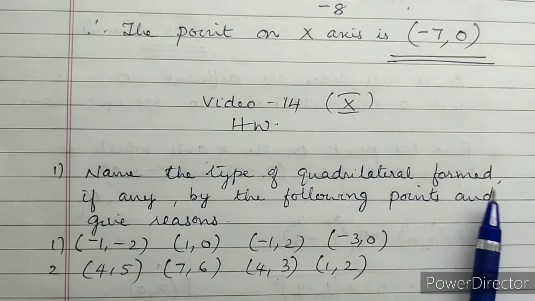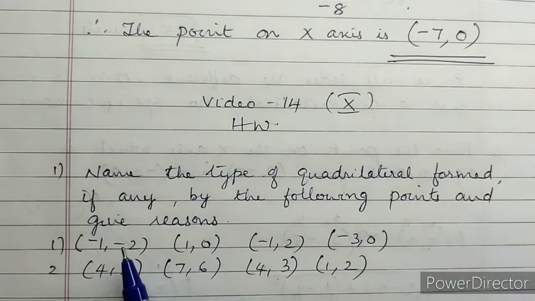Name the type of quadrilateral formed by the following points and give reasons. Four points are given. So you have to check how all 4 sides are. If all 4 sides are equal, then you have to check the diagonals. If the diagonals are also equal, then you conclude that it is a square.